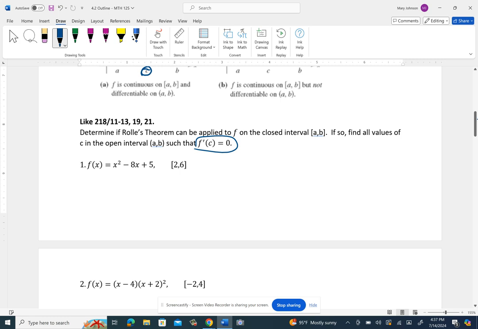So first thing you want to notice here is that f is just a parabola. It's a polynomial. So we know that you want to comment on the fact that f is continuous on the interval, okay, because it's continuous everywhere, and we know it's differentiable on that open interval because it's differentiable everywhere.